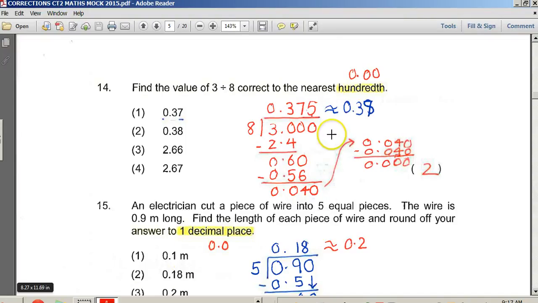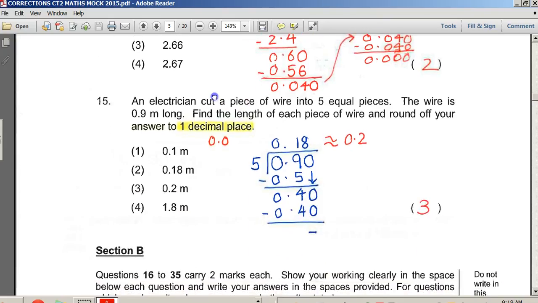Let me concentrate. Nearest hundredth means my answer must have 2 decimal places. Check 37 here. Should it be 37 or 38? I look at this 75. 75 is nearer to 80, so it should be 38 this way.